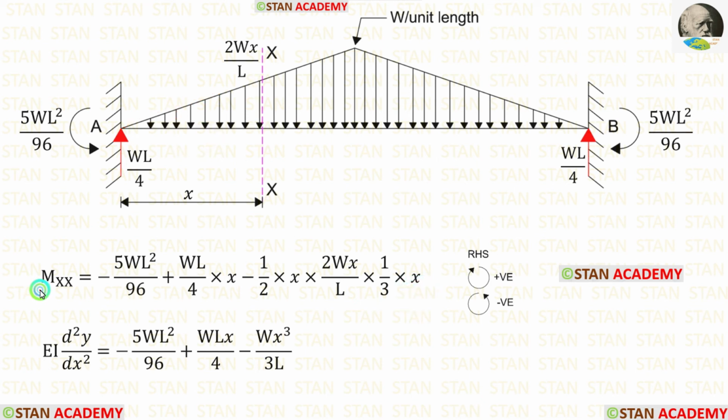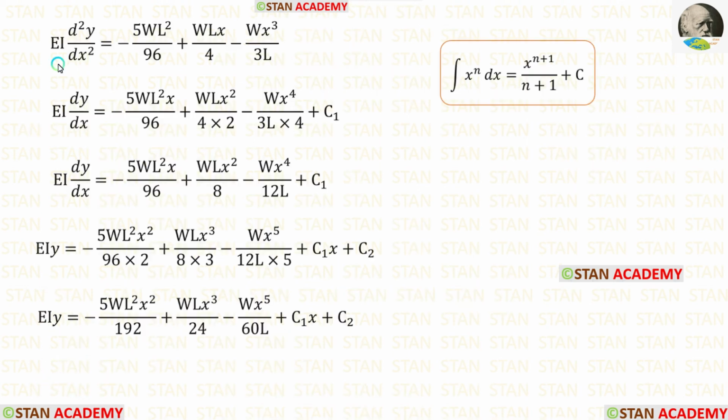Let us equate Mxx with EI d square y upon dx square. Now let us integrate on both of the sides. When we integrate EI d square y upon dx square, we will get EI dy upon dx.